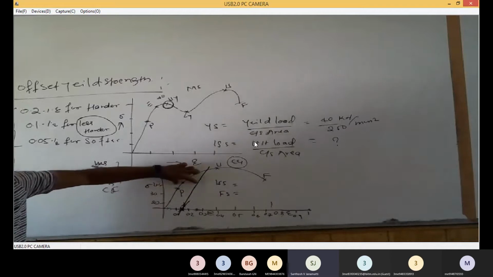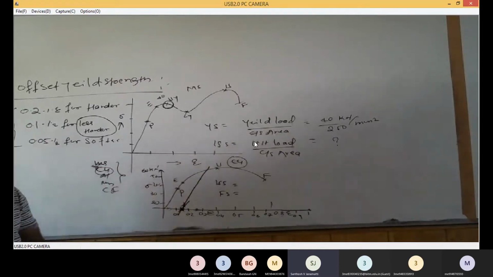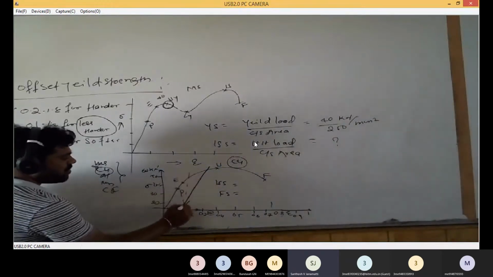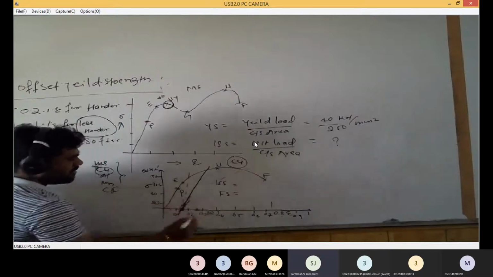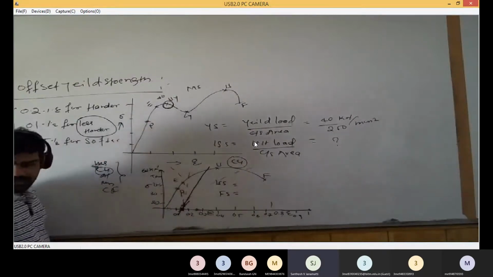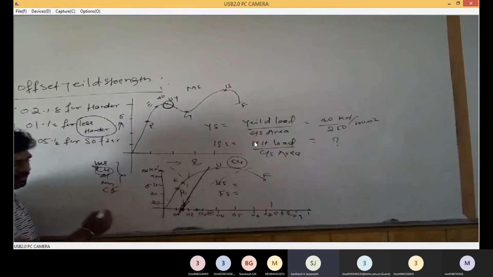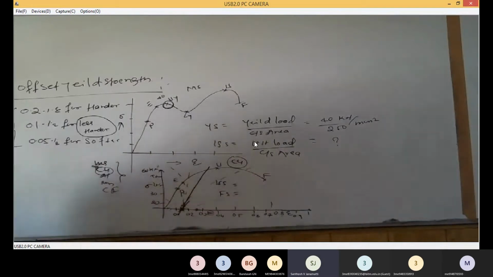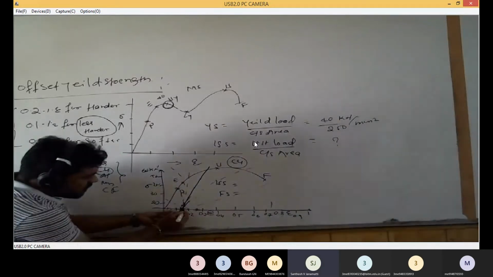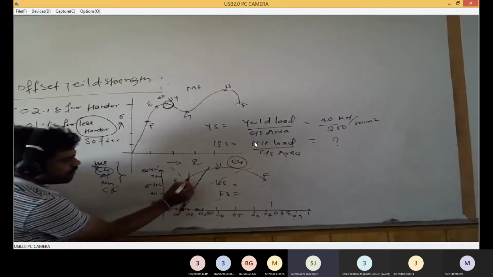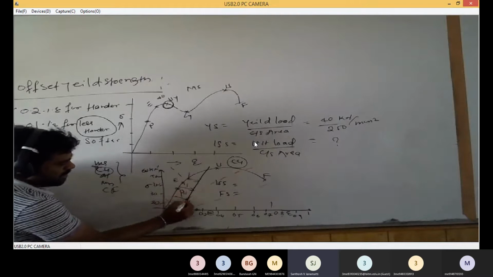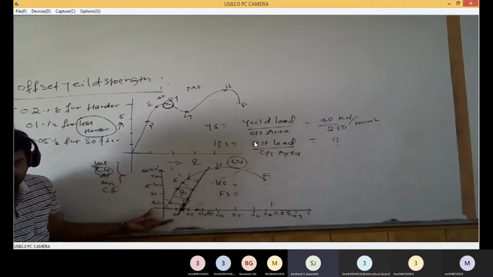This is exactly parallel, not like this. Don't draw like this. Hope you understand. You have to ensure that the straight line should be parallel to the curve. Yes. Now it is a parallel line.